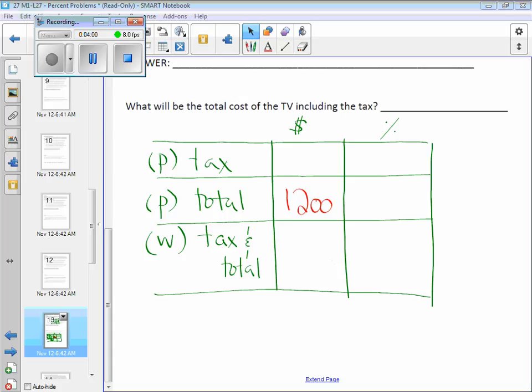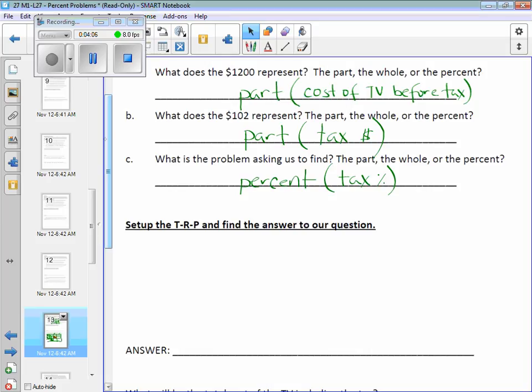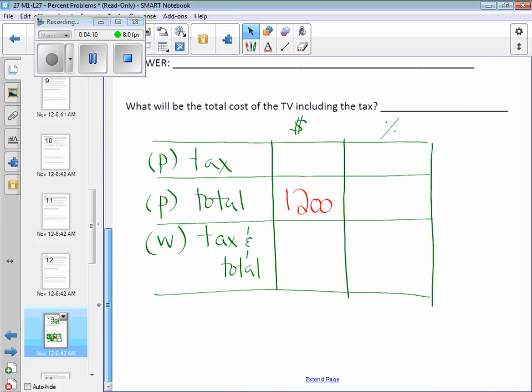We're good. Okay, if you get lost in that, go back and look at what it was. It definitely was a part. It's definitely money. It's the cost of the TV before tax. So this is the total before the tax. Remember that the greatest amount, the greatest number, has to be in this last row, first column.